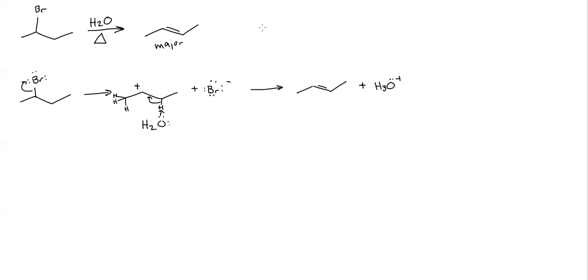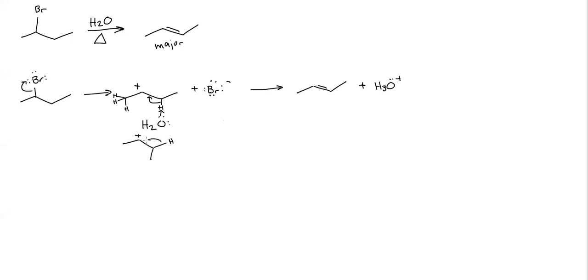And then the other thing to mention is that in E1, we have this carbocation intermediate, and remember that these single bonds are always rotating very quickly, right? And since there's no geometry requirement for E1, I can form this one, but think about if this bond just slightly rotated and just so happened to look like this, and then I took a hydrogen off.